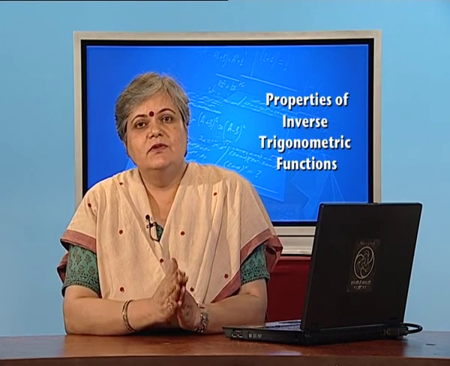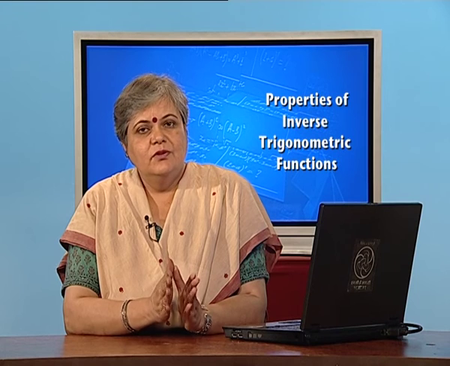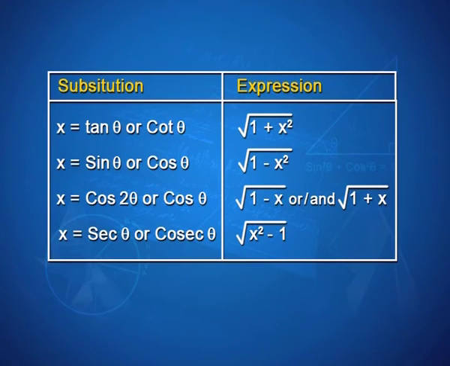Some simplification will start off and lead to the final result. Suppose the expression involves under root of x square minus 1, then taking x as sec theta or cosec theta may help, because under root of sec square theta minus 1 will be under root of tan square theta, which is tan theta.